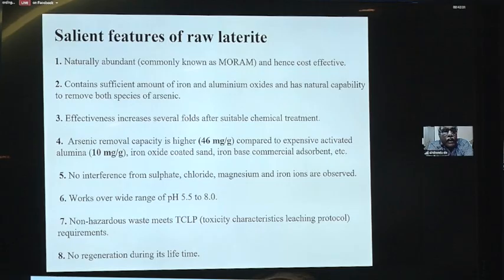Raw laterite has arsenic removal capacity, and after chemical treatment, we can increase its porosity, and then it will have more capacity for arsenic removal. By comparison, activated alumina, the most common arsenic removal media used for several decades, has a very low capacity, 10 milligram per gram. On the other hand, the treated laterite that we have developed has almost 5 times the capacity of activated alumina.